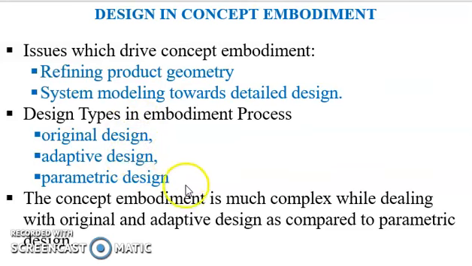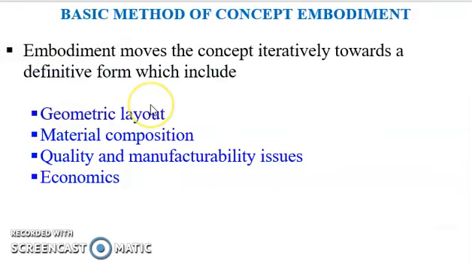Still, while performing the concept embodiment in all three types of design, we require detailed drawings, exploded view, assembly drawings, tool and manufacturing processes, tolerances, etc. to complete the process.